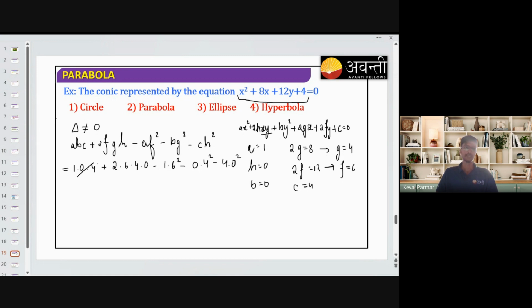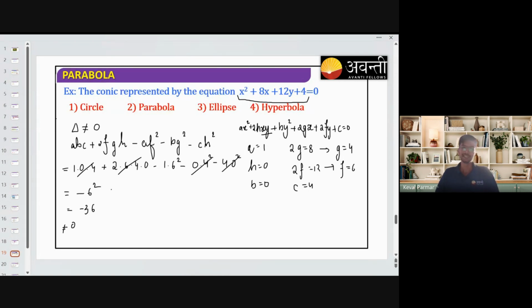So I think all these terms will get cancelled and we'll get minus 6 square. Oh, did we make a mistake here, guys? Please check. Which is minus 36, which is not equal to 0.